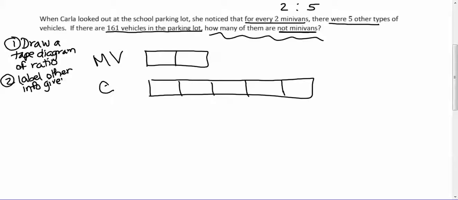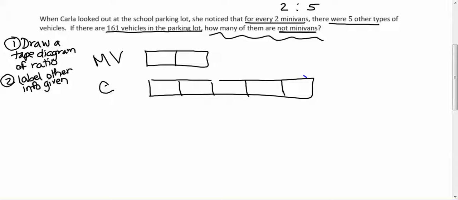So in this case it says there are 161 vehicles in the lot. So if we just do the minivans, that would be written here. That's not the case, right? And if they gave us cars, that would be written here. That's not the case. If they told us how many more cars and minivans, it would go there, but that's not the case.